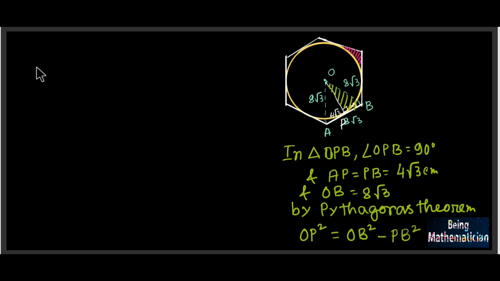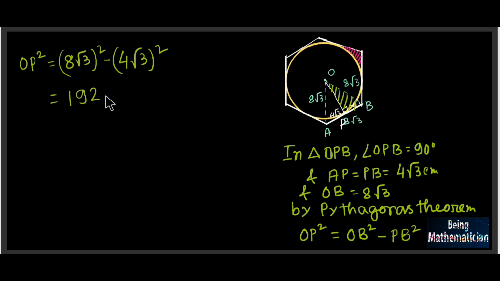Now OP is to be determined, and OB is 8 root 3 square, PB is 4 root 3 square. Now squaring the terms, we get 192 minus 48.